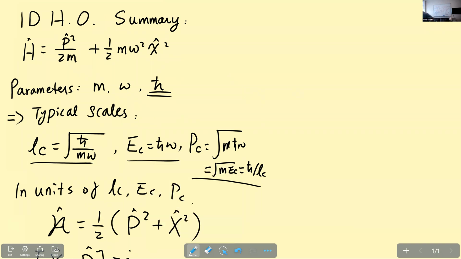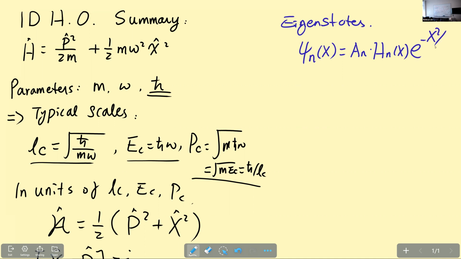And we find the eigenstates. The eigenstate can be written as a constant times a polynomial, and then times this Gaussian function.